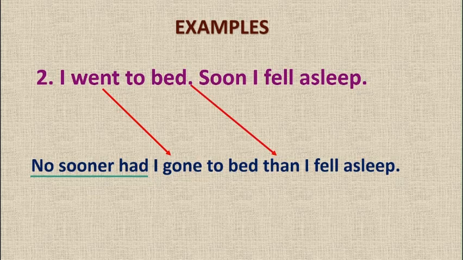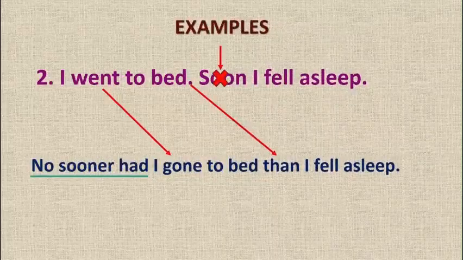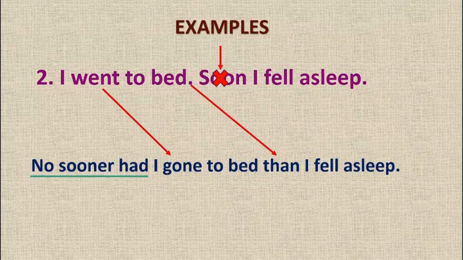Then we removed this full stop and wrote than there. We remove this soon completely because there is no need of writing soon, because the meaning is conveyed in the phrase no sooner. So we remove it. Then this is the answer: No sooner had I gone to bed than I fell asleep.